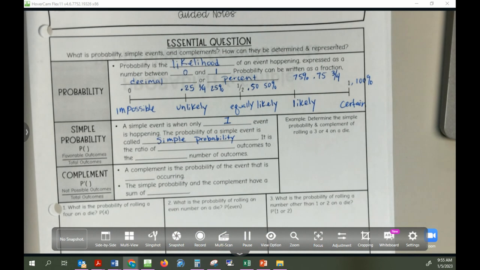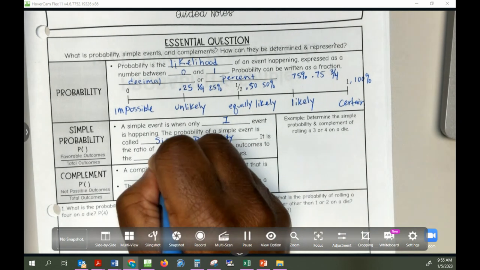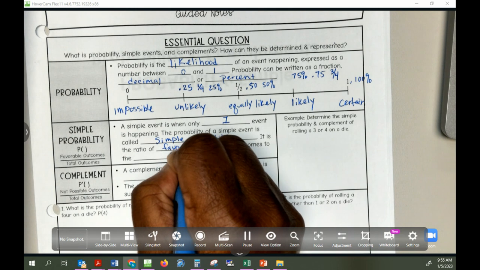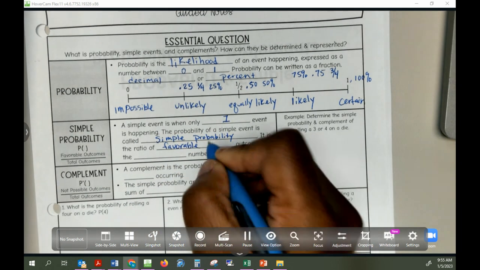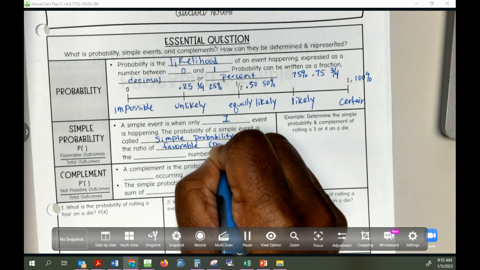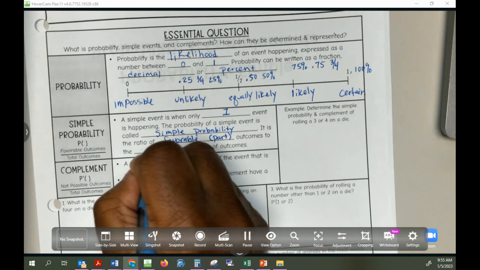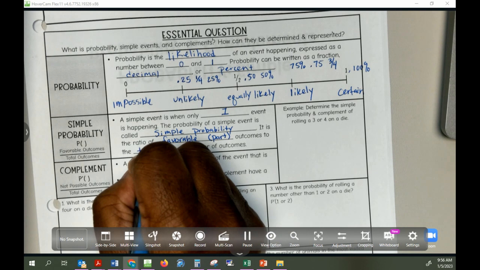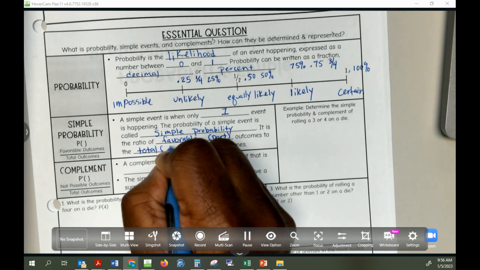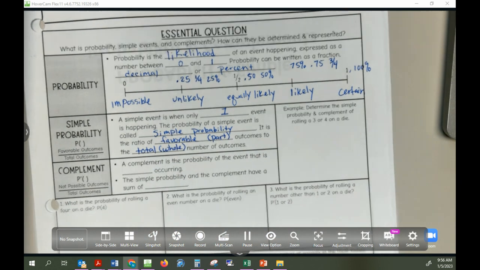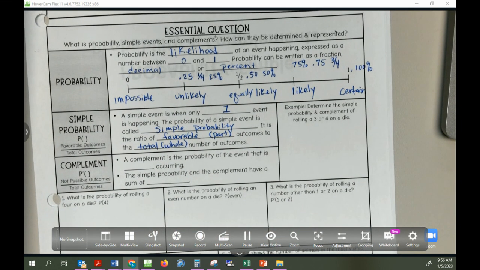The probability of a simple event is called simple probability. It is the ratio of favorable outcomes, which is also the part, to the total number of outcomes, which we also call the whole.